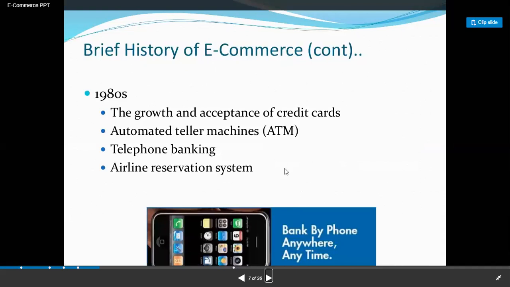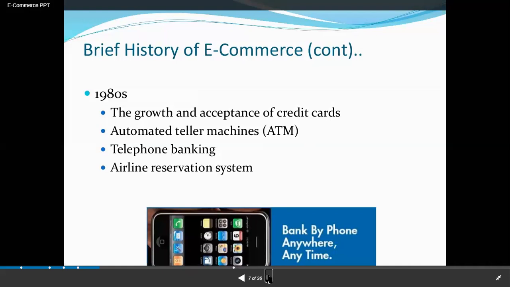So in the 1980s, the term e-commerce broadened.